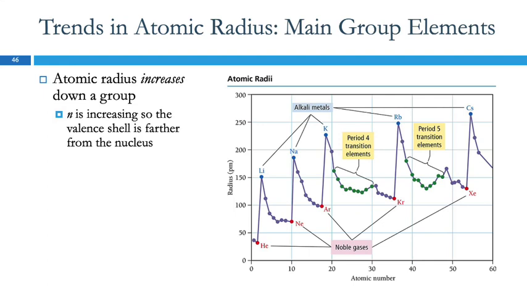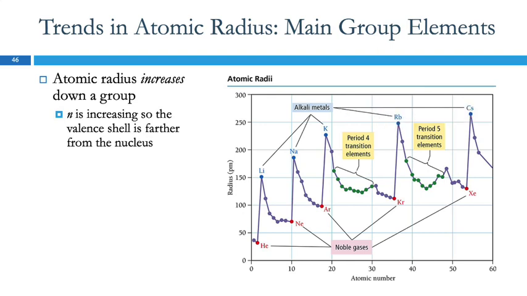So now that we know what we're talking about in terms of atomic radius, we can look at the trend. So this is a graph of radius in picometers as a function of atomic number. And so it looks kind of like a big mess. But if we look at these blue elements here, those are the alkali metals.